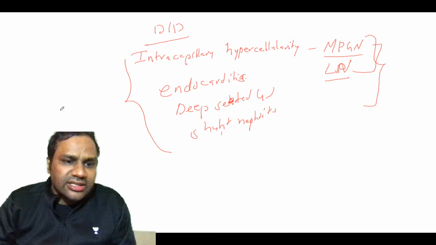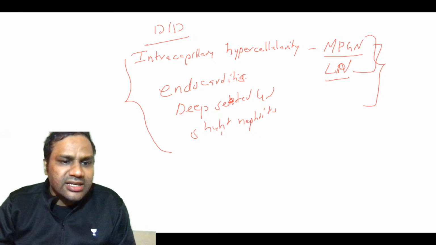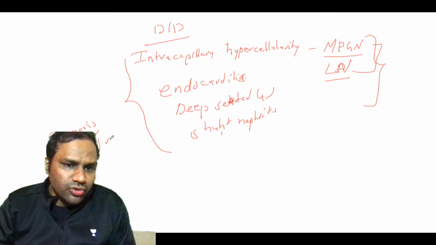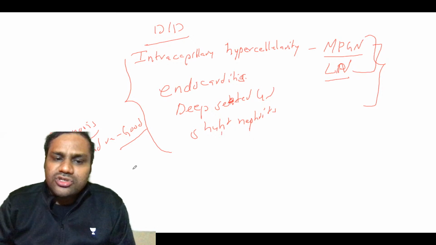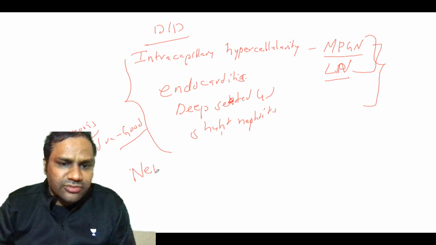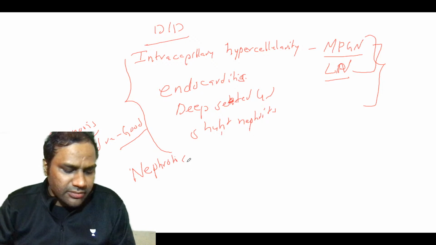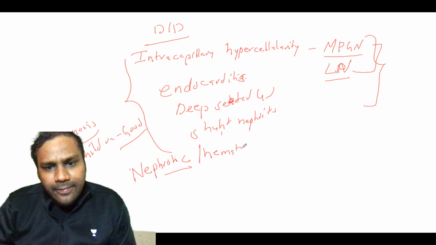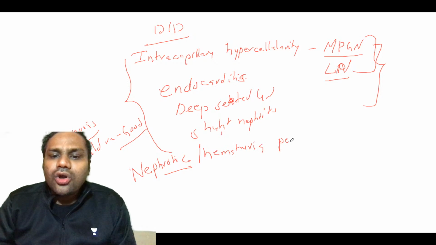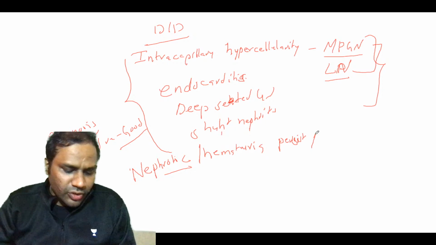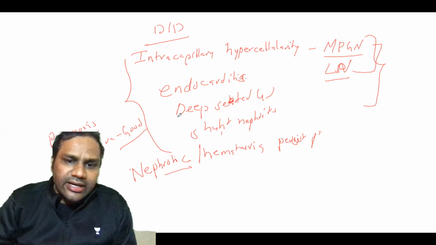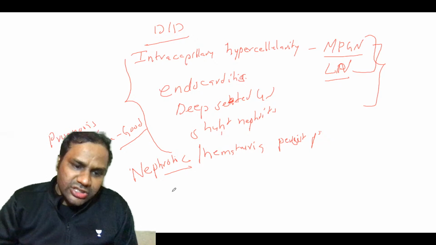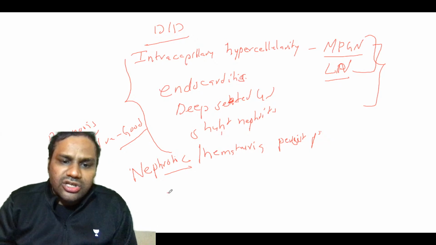The last thing you need to know is prognosis. Prognosis is good in case of children. But what about the symptoms? Nephrotic and nephritic features, proteinuria and hematuria, persist for a longer period of time.